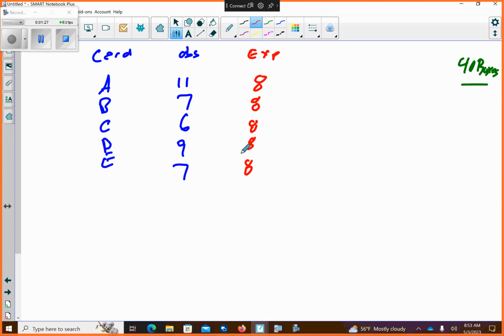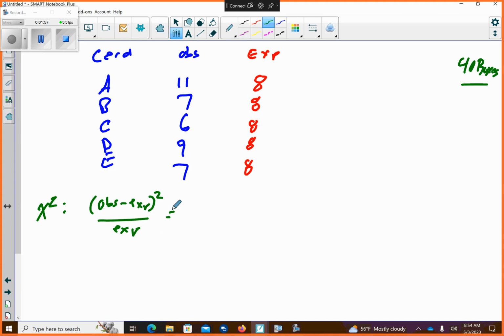All right, so what we want to do is find our chi-squared individually, and then add them up. Remember, chi-squared is going to be observed minus expected, quantity squared divided by expected.